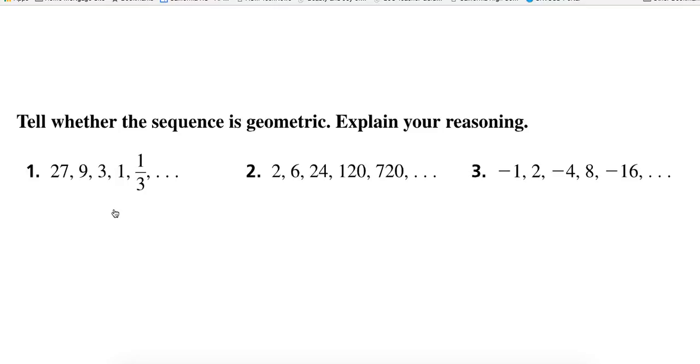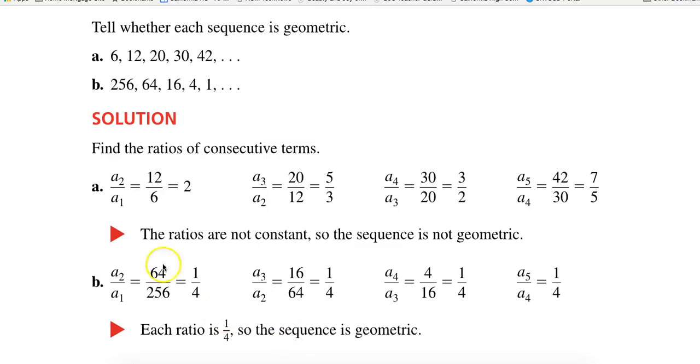Now, remember, when we find if a sequence is geometric or not, we also find what the ratio is. We say that's r. Our ratio is r. So in this case, it would be r equals 1/4.